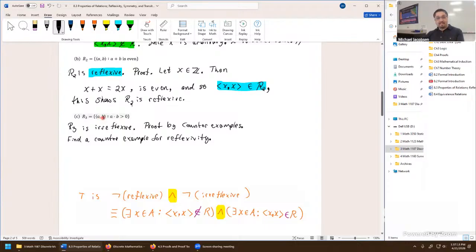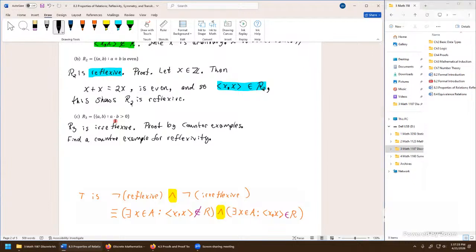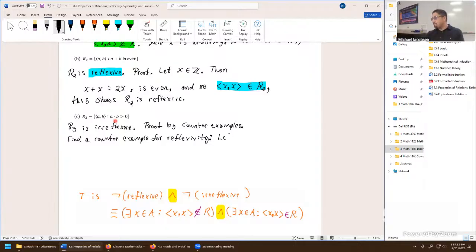We could put it both here and here, and break that set membership property immediately. 0. Yeah, good call. 0 is going to do the job immediately on this. So let's say, find a counterexample for reflexivity. Let X equal 0.